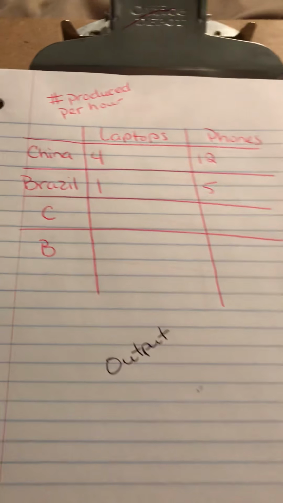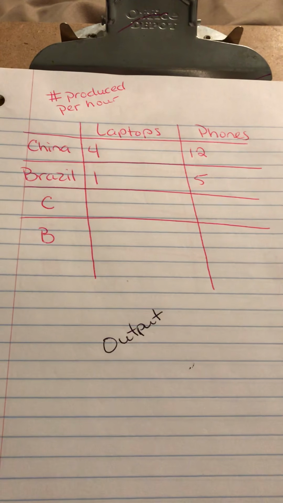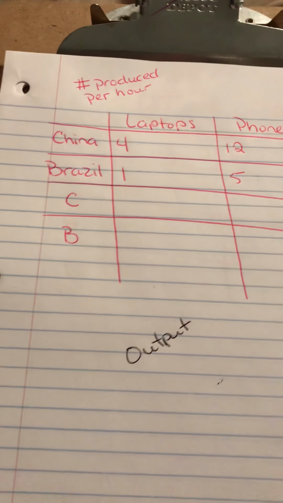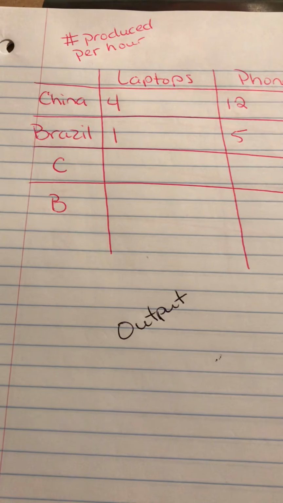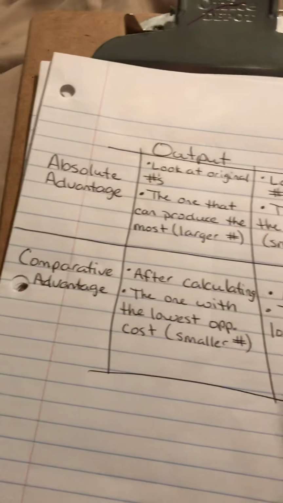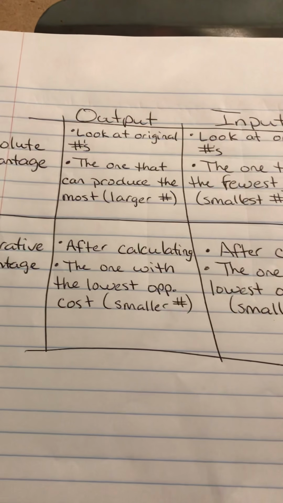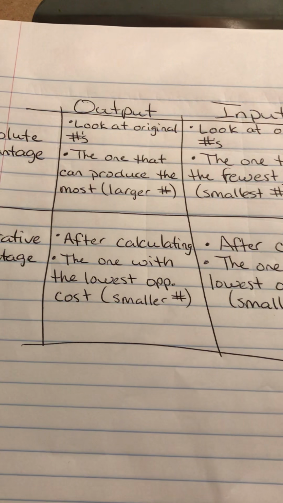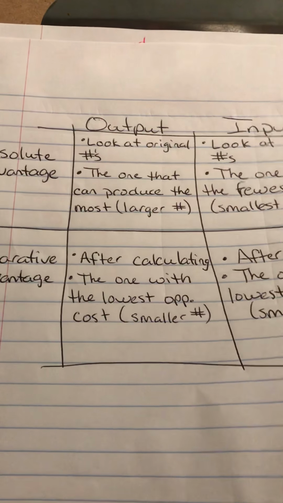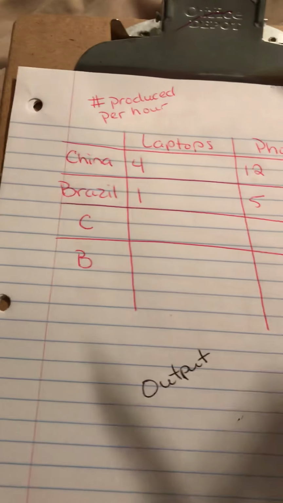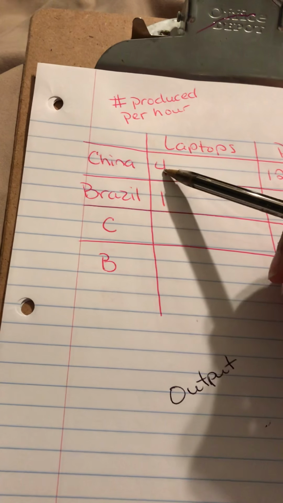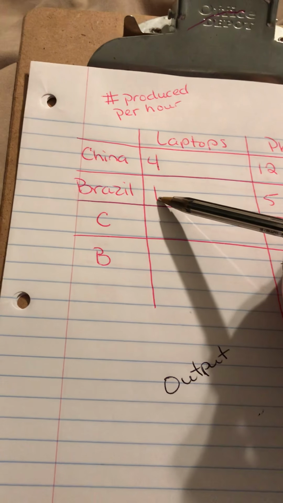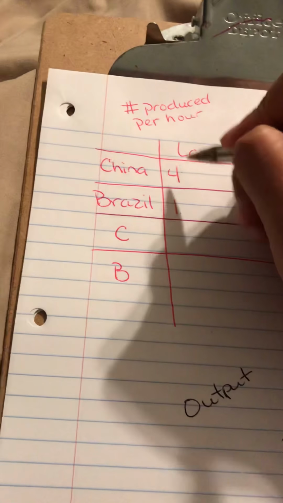So again, let's look at who has absolute advantage. With absolute advantage and output, we're looking at the original numbers, the one that can produce the most, the larger number. So obviously China can make far more laptops than Brazil, so China has absolute advantage in the production of laptops.